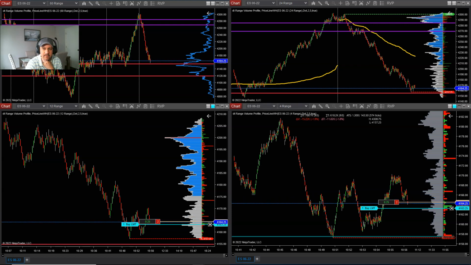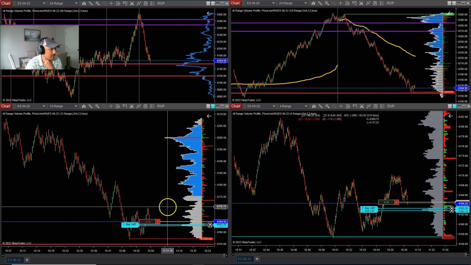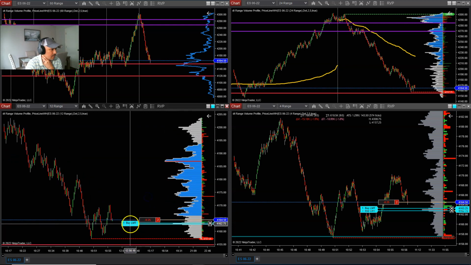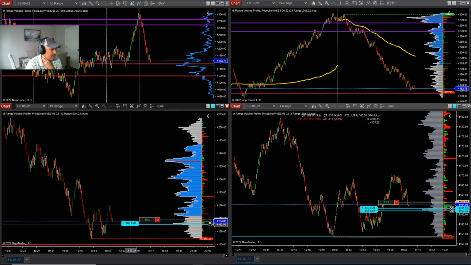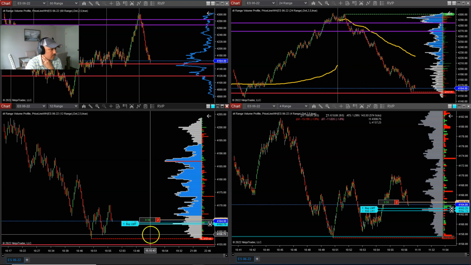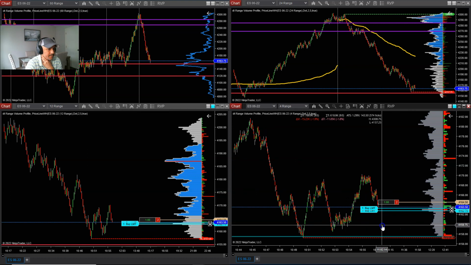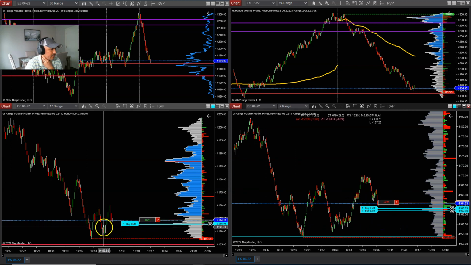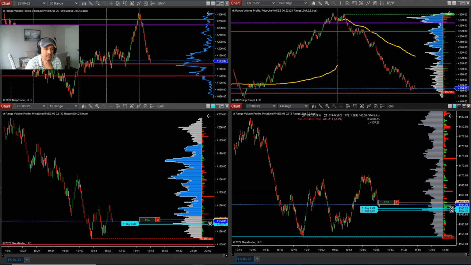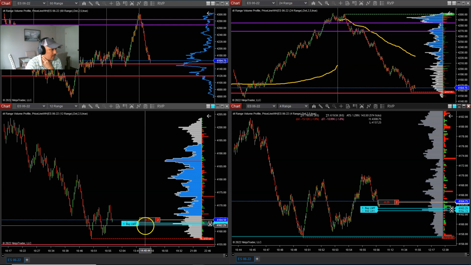Short and late though. Okay. Hopefully we come down here and test the lower areas where I'm at now. Price is at. Come back down here and test this area down here. I'm in for a short here. Come on. Oh, it's rejecting the area 62.5.